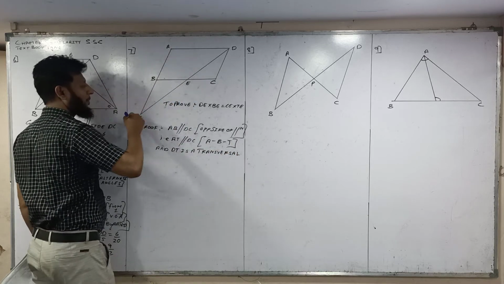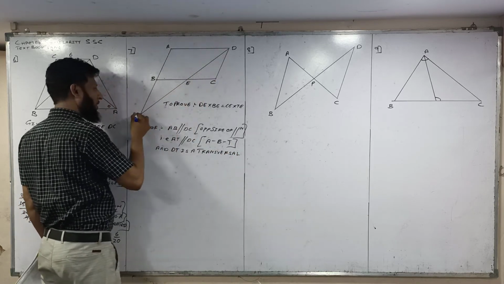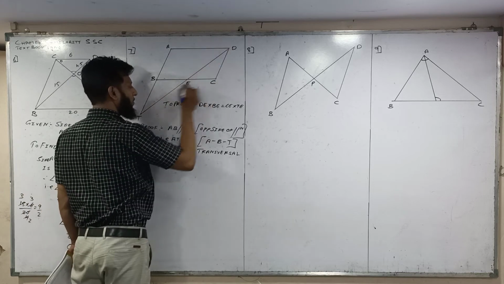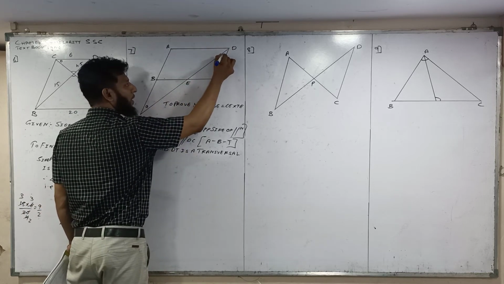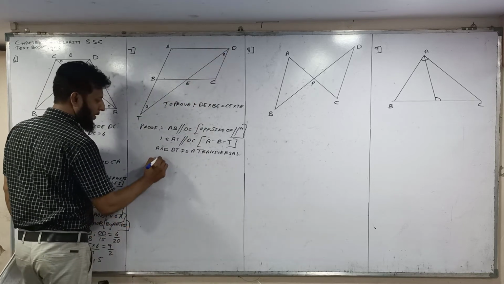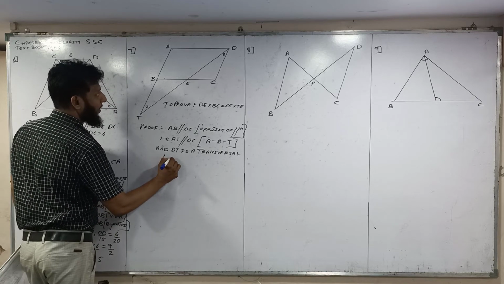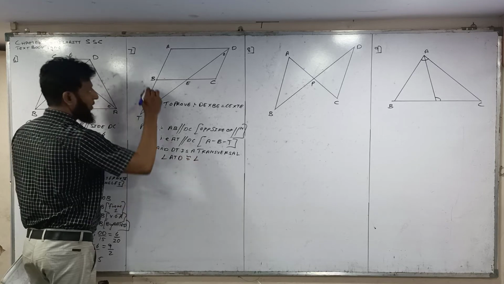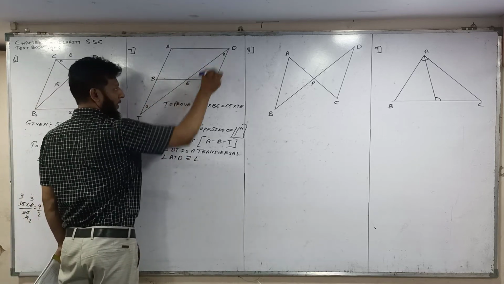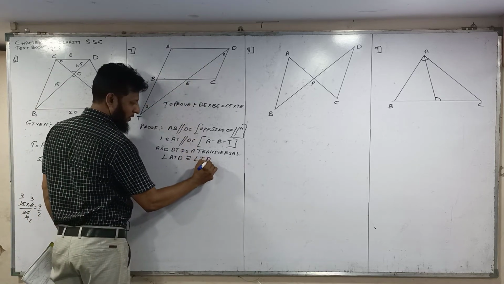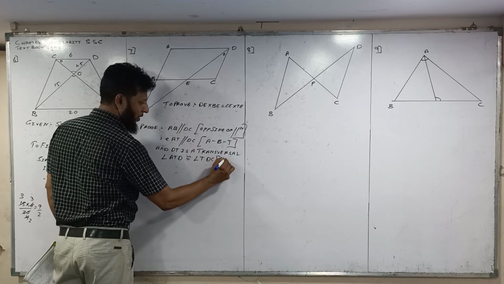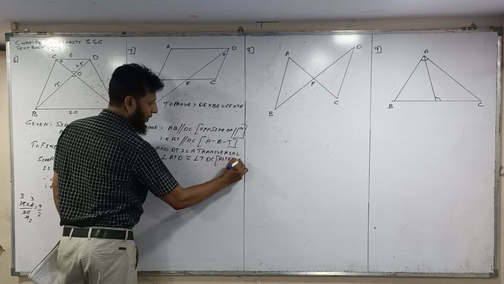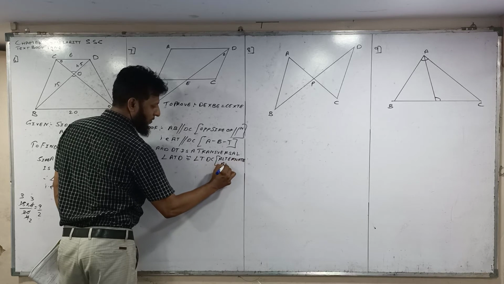This angle is congruent to this angle, alternate angles: angle ATD congruent to angle TDC, alternate angles.